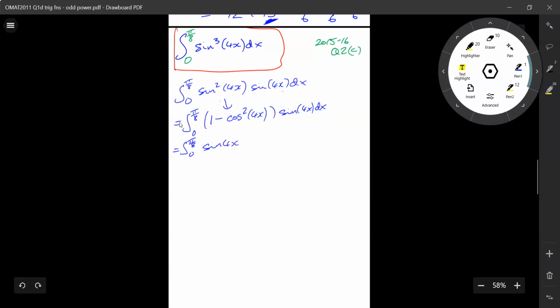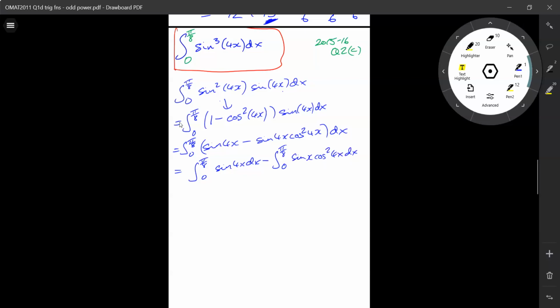So that's sine 4x minus sine 4x, bracket around these, so dx applies to both of them, times cosine squared 4x. I'll just drop the bracket on the 4x, don't need it there. Then we go from pi over 8 of sine 4x dx minus the integral from pi over 8 to 0 of the sine 4x cosine squared 4x dx.